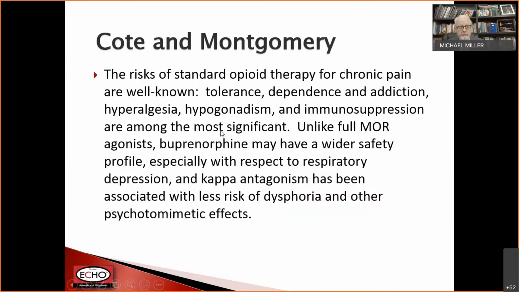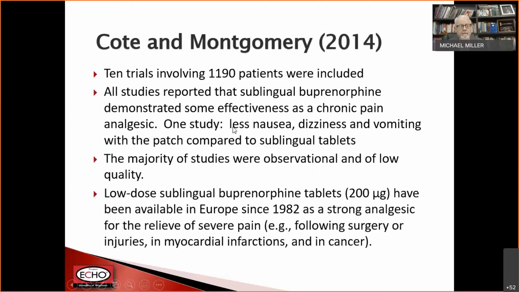But at any rate, again, there's all these different effects from full opioid agonists that just don't show up with buprenorphine. 10 trials, 1,200 patients. Does sublingual work? Yes, with less nausea, less dizziness and vomiting.